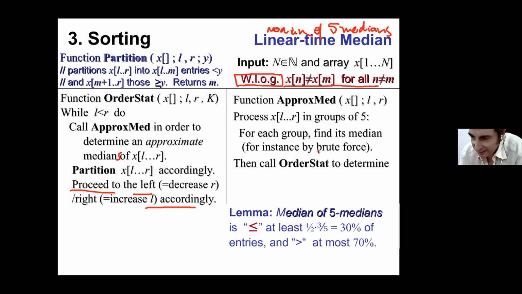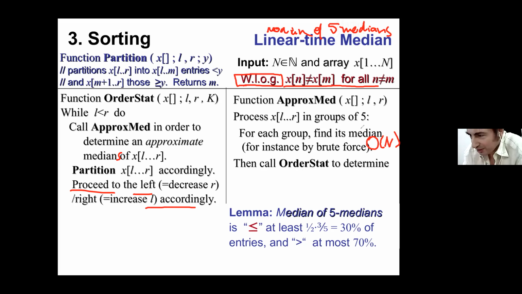I said at this point, maybe a remark. How you find this median, as long as you do not care about constants of complexity, doesn't really matter. For complexity reasons, this effort here is O of n. The number of operations that you need to find the median in a group of 5 is only a constant that multiplies this n.